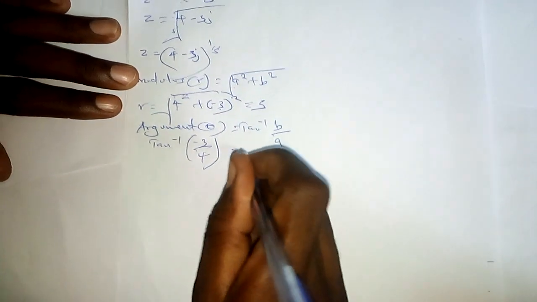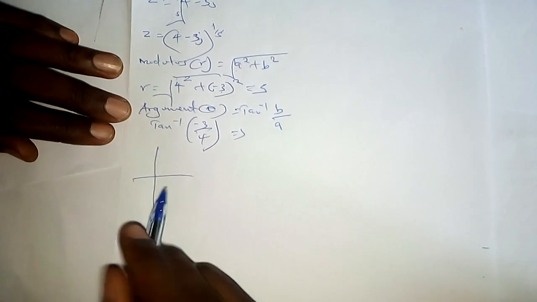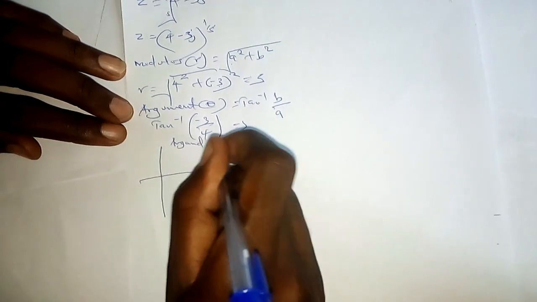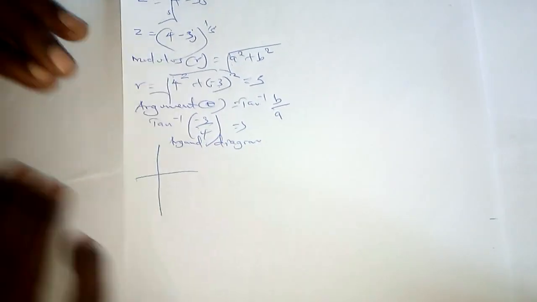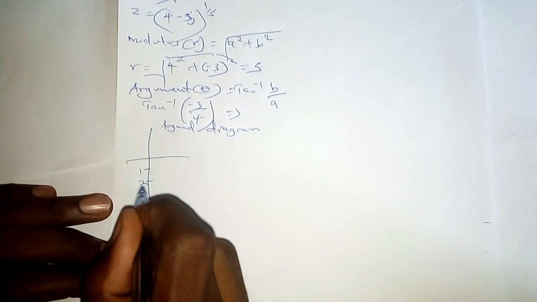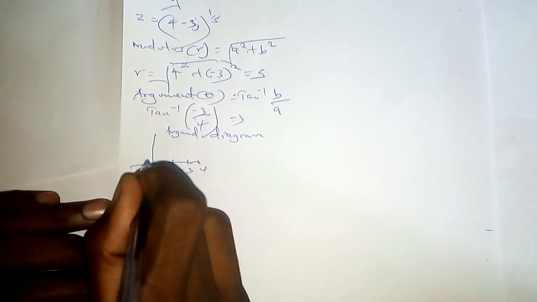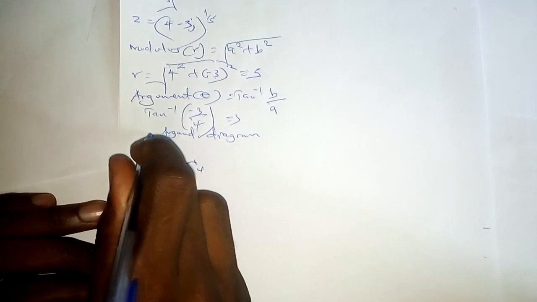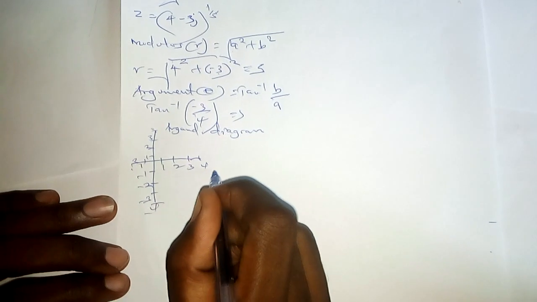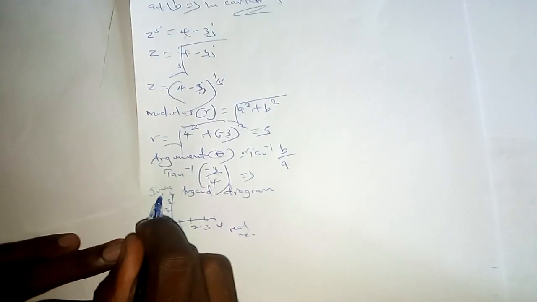Before we find that angle, let us represent the complex number on an Argand diagram, to confirm if it is the angle alpha or the theta we want. This is the real axis and this is the imaginary axis.